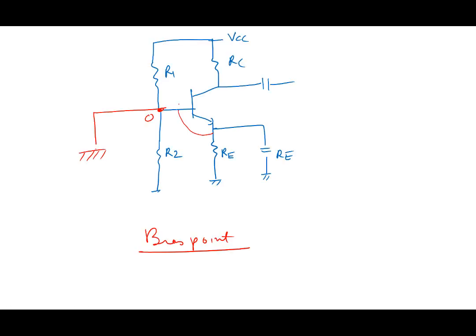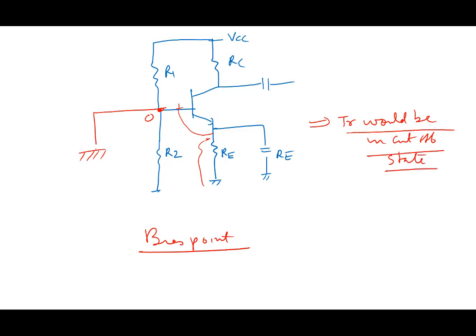How will I get 0.7? I won't be able to get 0.7 here. Plus I need a drop here also. This becomes 0. So the transistor would be in cutoff state. It won't be biased at all. There's no voltage to bias the transistor.